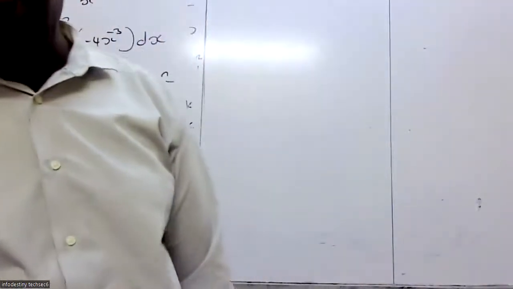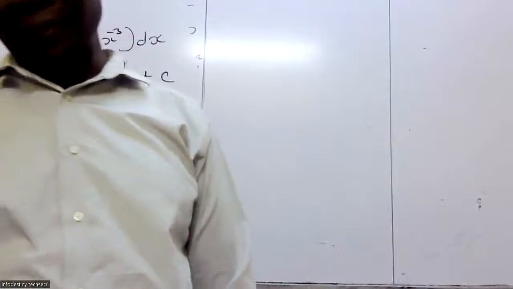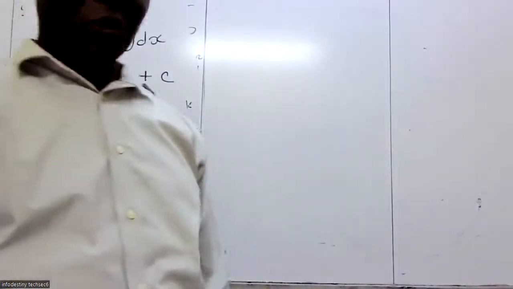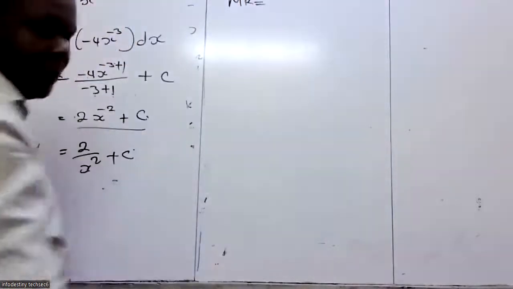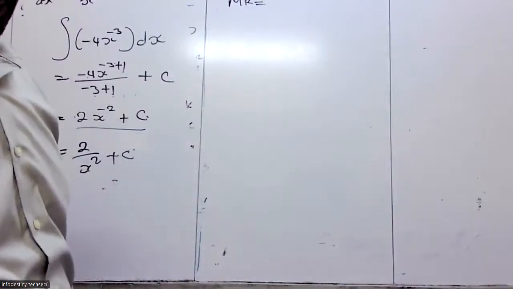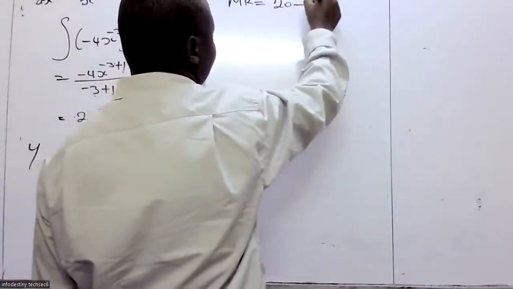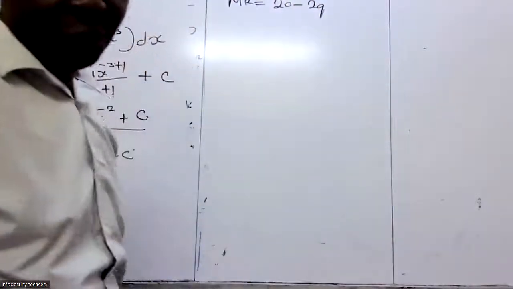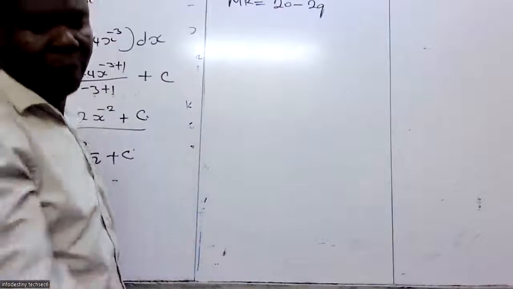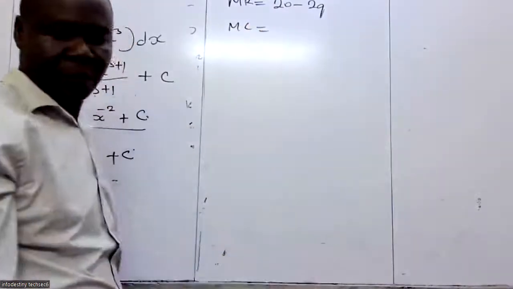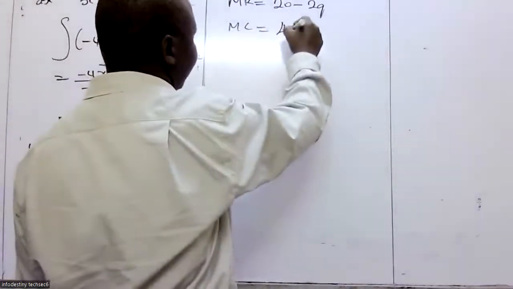A firm finds that the marginal revenue is given by the expression MR equals 20 minus 2Q, while the marginal cost equals 4Q minus 10.